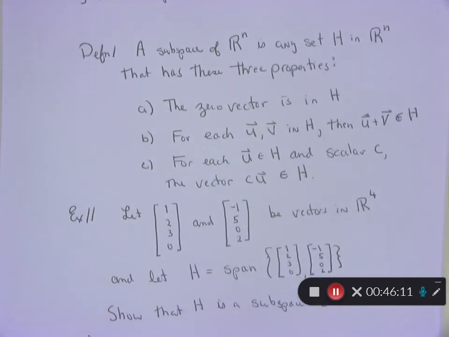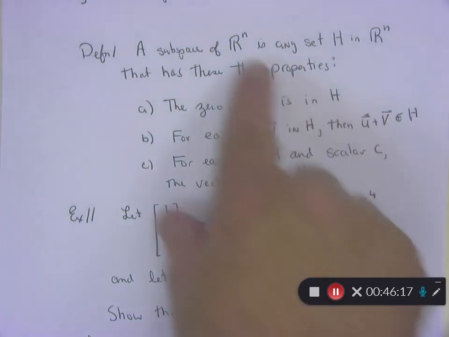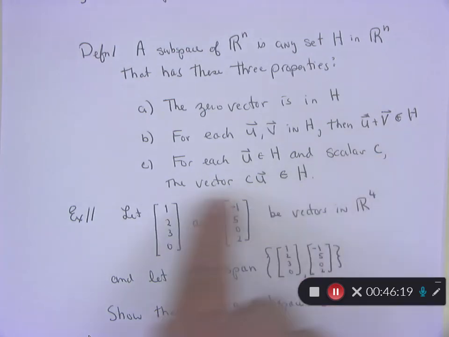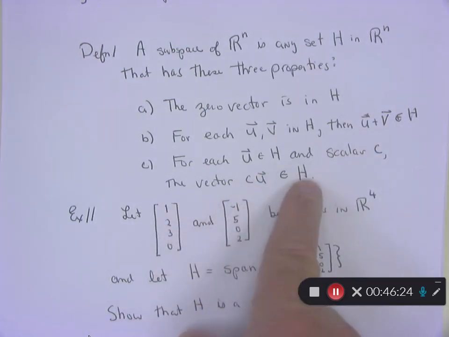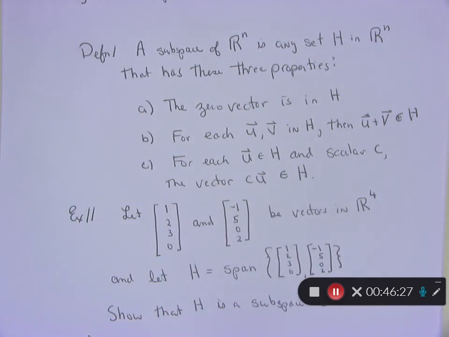Continuing on, part 3. For each u in H, you pick an arbitrary scalar c, typically, since it's coming from Rn, a real number. The constant c times that vector u also has to be inside of H. So it's closed: two vectors inside of the set, when you add them, have to be inside the set.